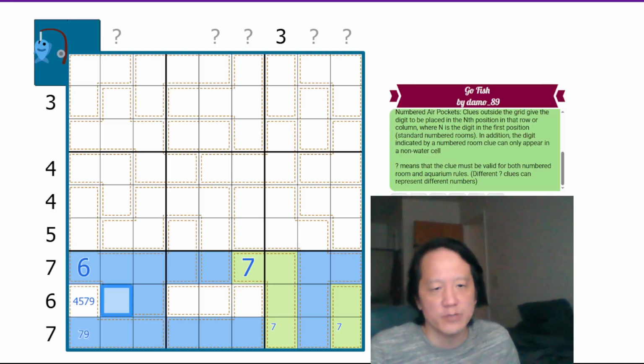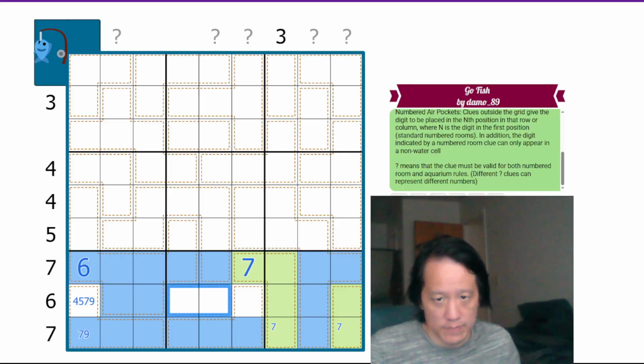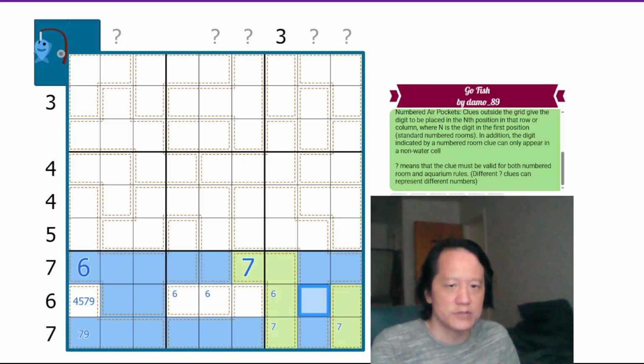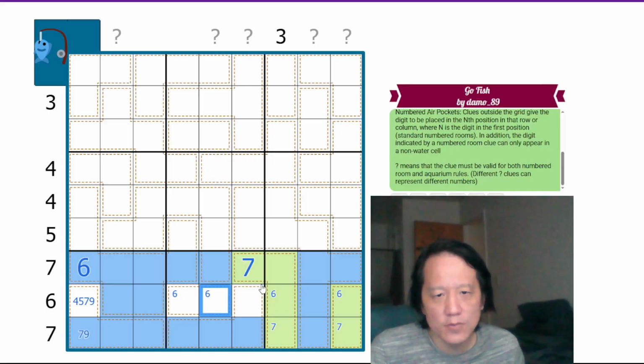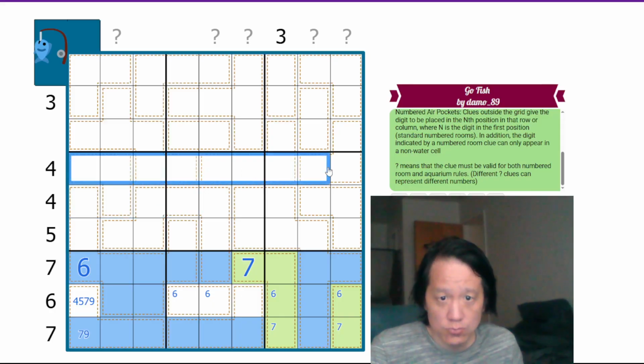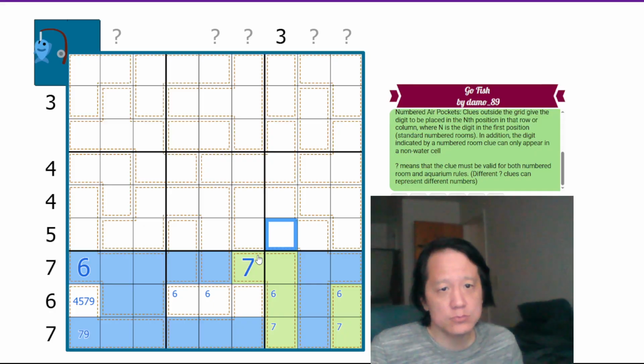Or where 6 can be. So 6 can be any of these spots in row 8. We have 4 spots here.